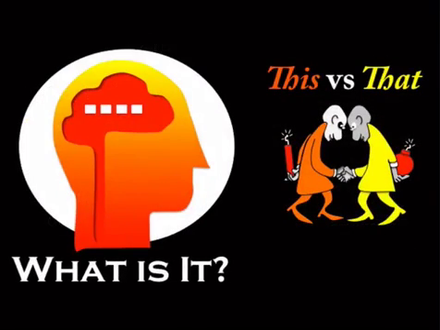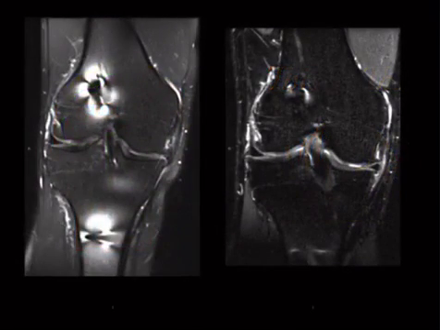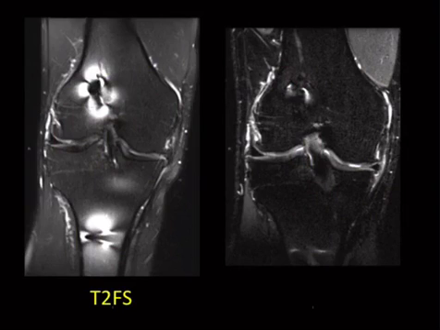All right, so this is this versus that, and what I'm showing here is same patient. He's got some metal in his knee. There's a T2 fat sat, and there's a STIR. Now, we talked about STIR in the previous lecture with regard to sequences and how STIR works with a short inversion time that nulls the fat signal. But how does a conventional fat saturation work?